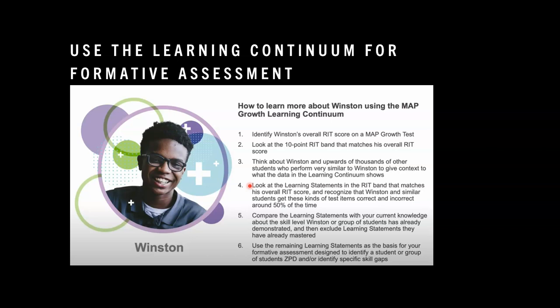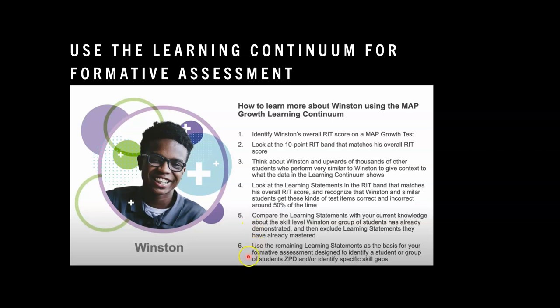We compare the learning statements with your current knowledge of the student and how they're progressing in your classroom or a group of students to look at what they've demonstrated, what they may already have mastered out of those learning statements. So you can start breaking down and taking out learning statements that you know the student or group of students have mastered.